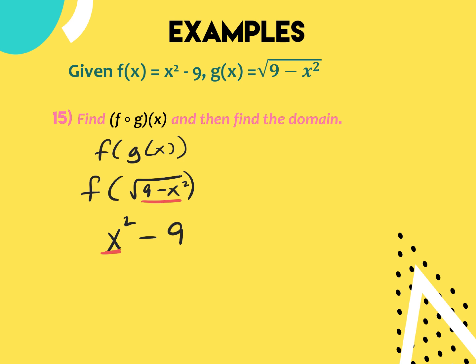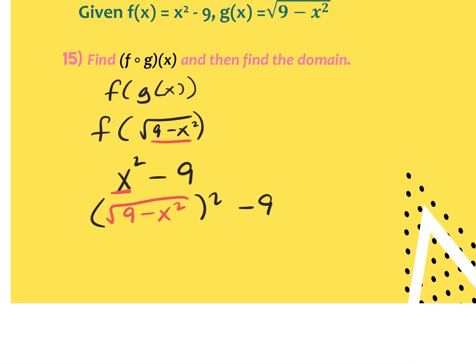So once I do that, I get 9 minus x squared under the radical. But then remember, it's squared, and then minus 9. Remember, when you square a radical, it just disappears. And then when I combine my like terms, I'm only left with negative x squared.